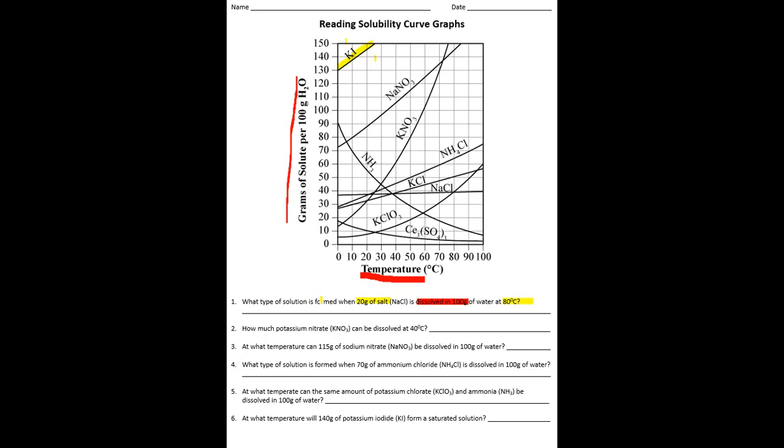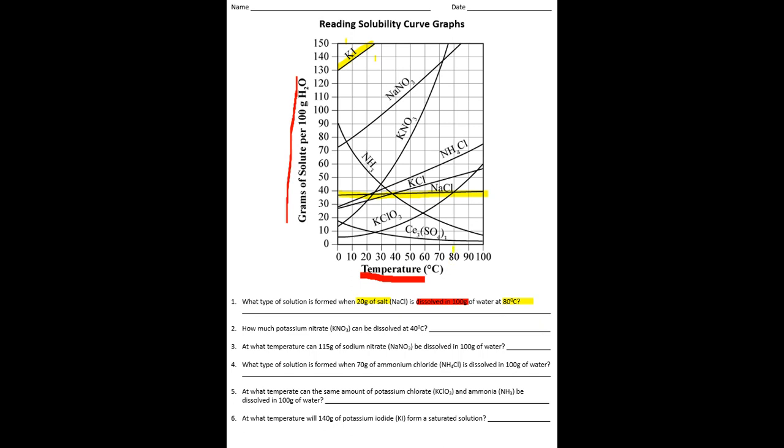Okay, so we're looking for 20 grams of salt, NaCl. First we want to find the line for NaCl, and that would be this line right here. Then we're wanting 20 grams at 80 degrees Celsius.